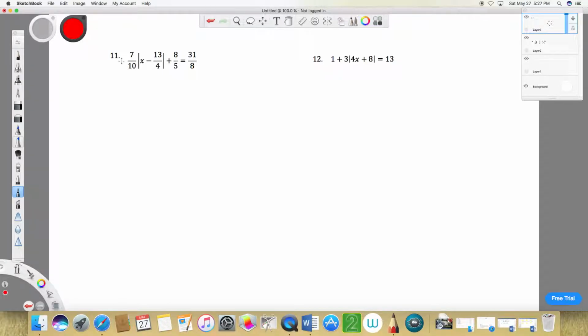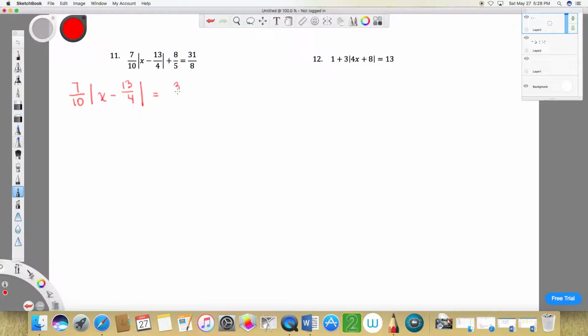So on the left, on number 11, it's just awkward that we have all these different fractions with a different denominator, but we can handle that. So we've got this 7 over 10 times the absolute value of this expression. And if we subtract 8 over 5 from each side, we want to get a common denominator of 40.